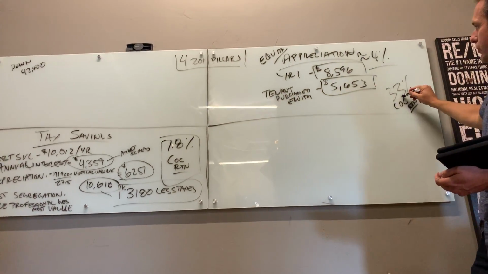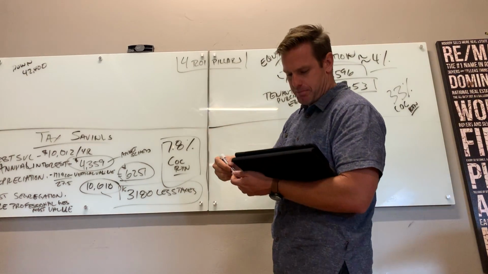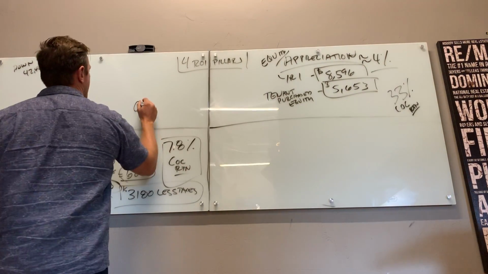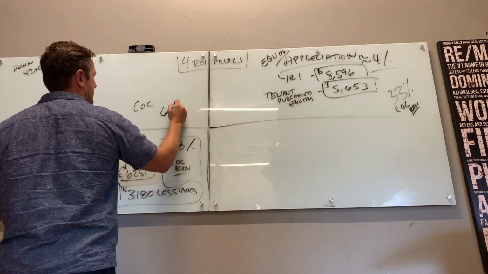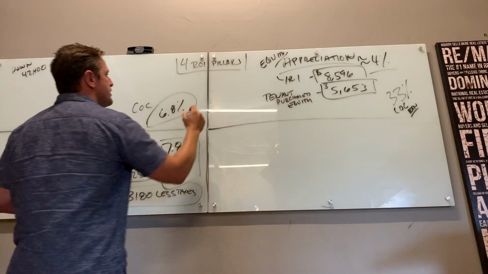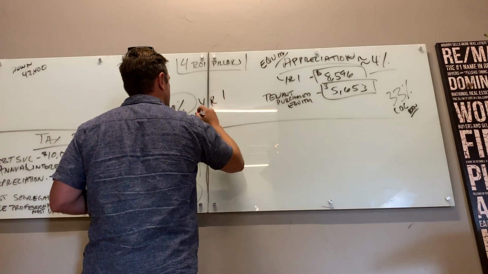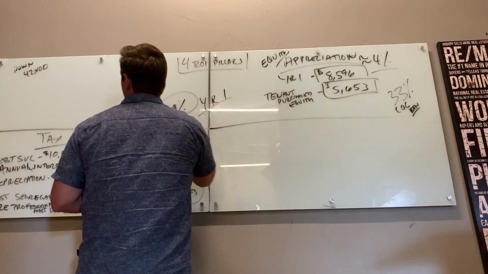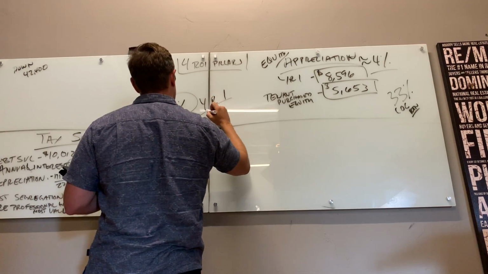And so we got 33% plus 7.8% plus the cash on cash when we looked at the cash flow, which is 6.8%. In year one, when we add up all the numbers, $42,400 was invested.